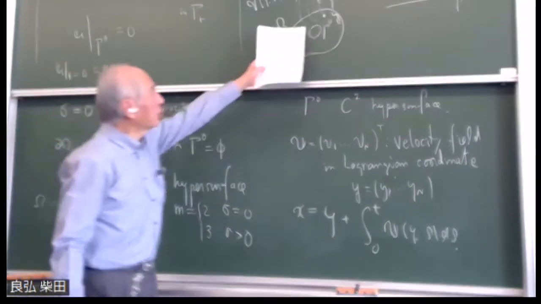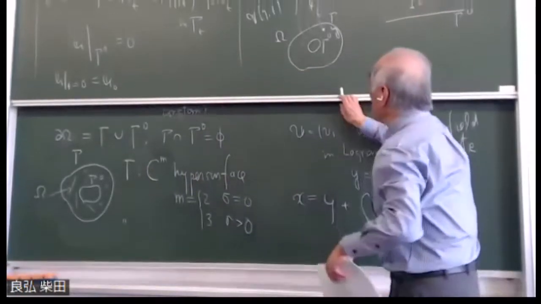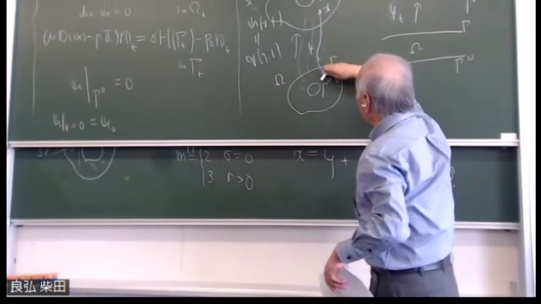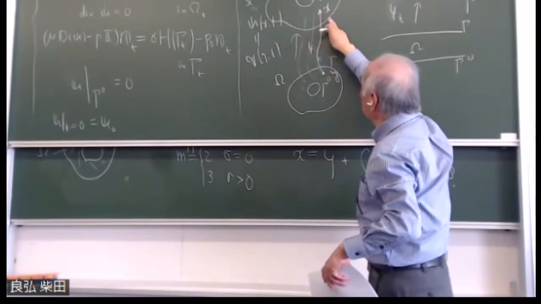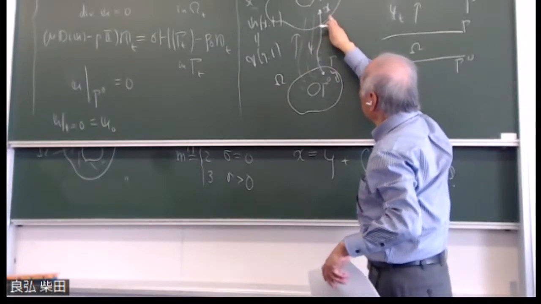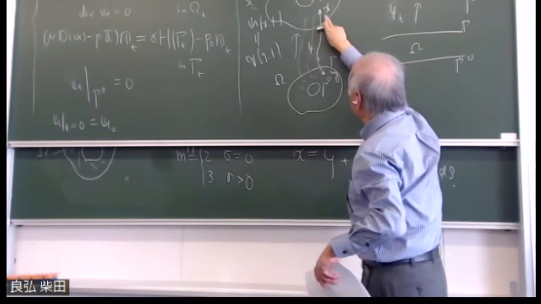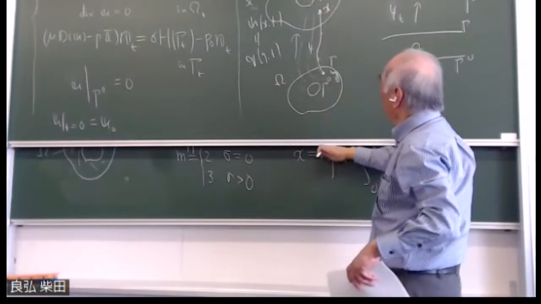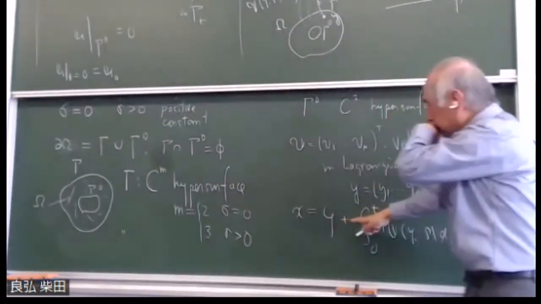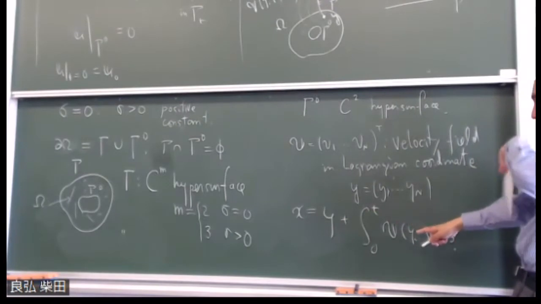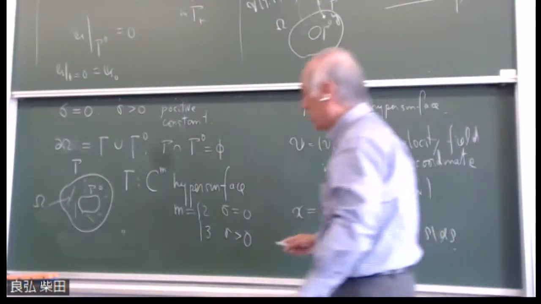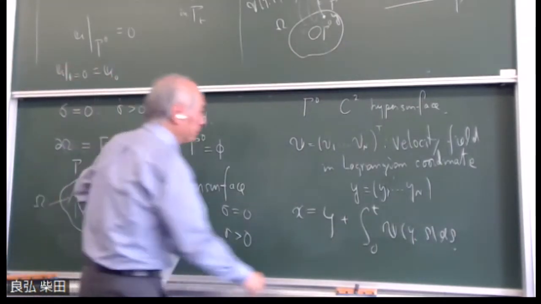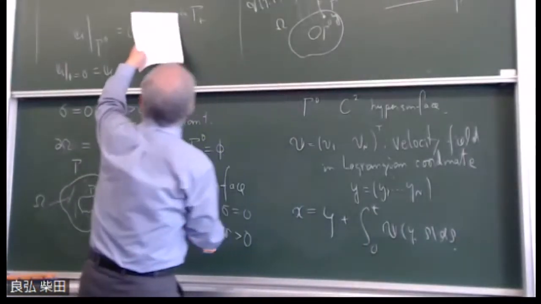It's y here, then the flow moves in this way, and when time is t, y arrives at x. The velocity field is v of y, t. Then x can be written in this way.